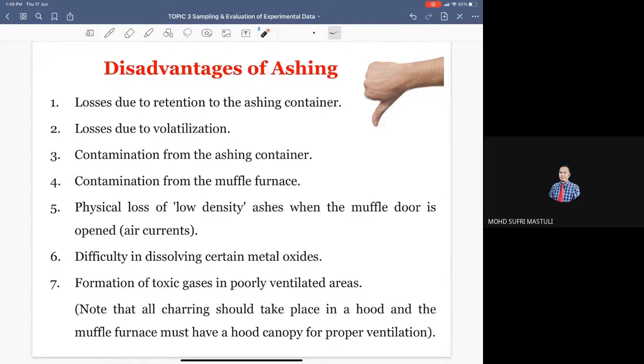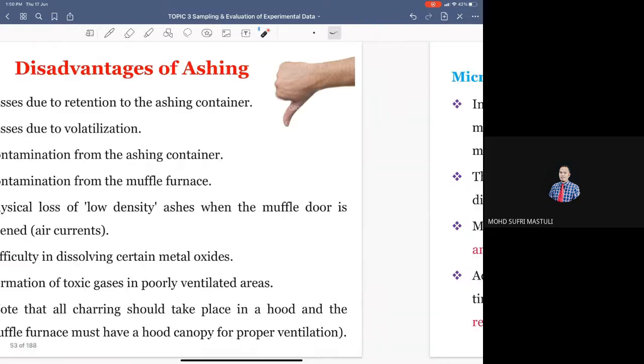So please make sure the charring takes place in the fume hood, and the muffle furnace must have a hood canopy for proper ventilation.